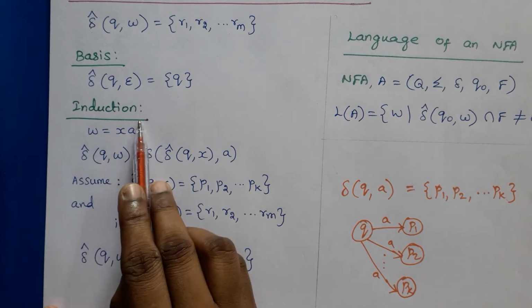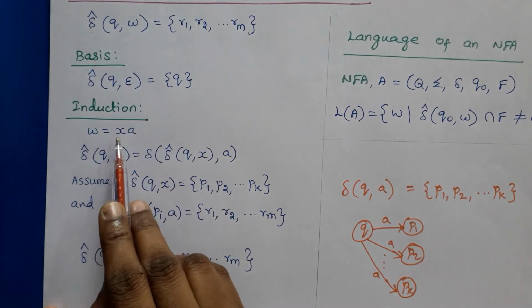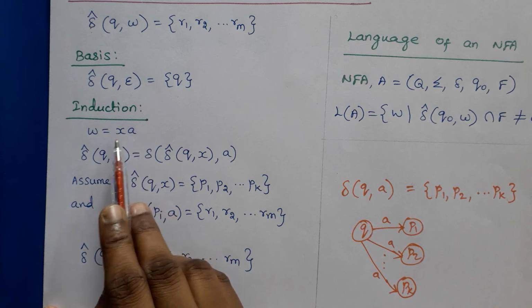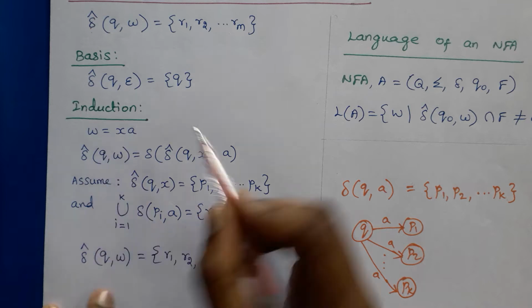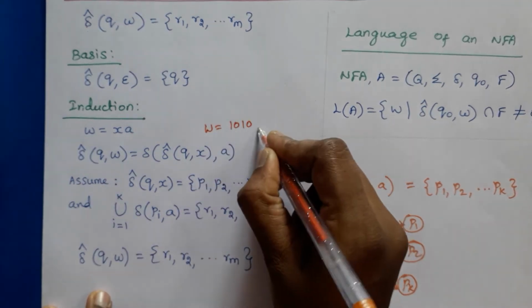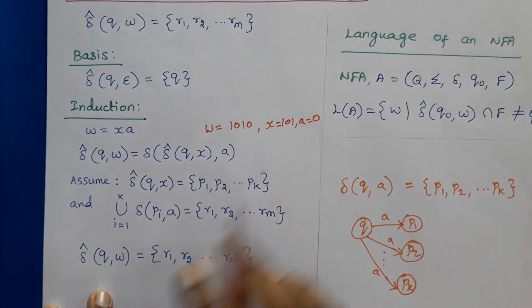Then in the induction step we have to consider w in the form of xa, where a is the last symbol of w and x is the remaining symbols of w. So for example, if w is 1010, x is 101 and a is 0, the last symbol.